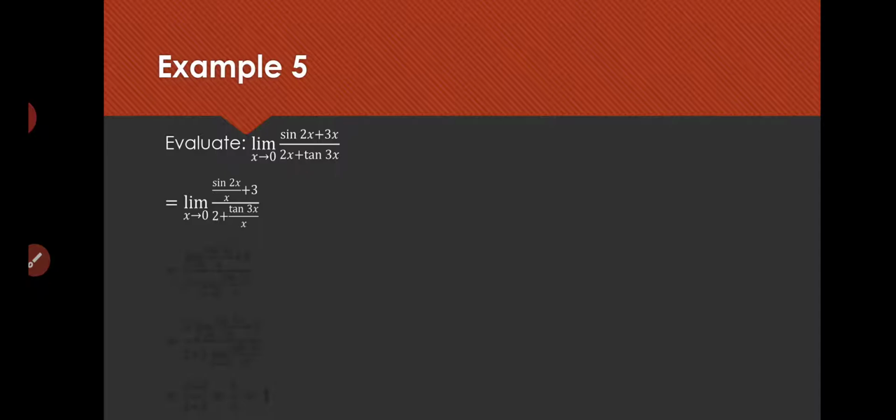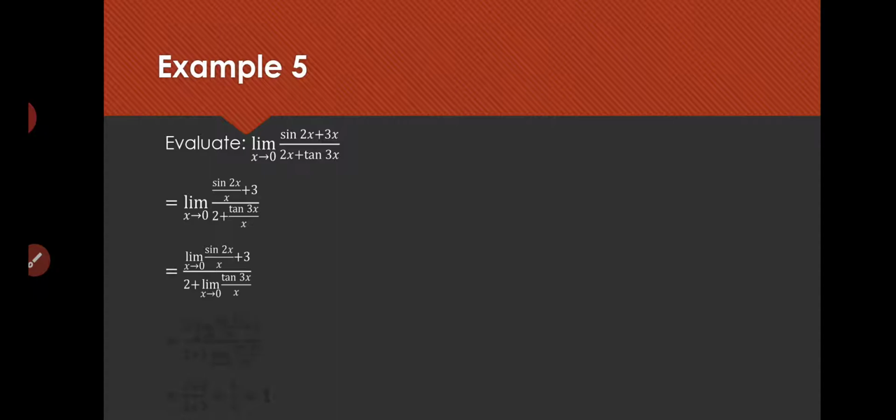Now division, I know that in case of division I can interchange the limit, as well as for addition also I can interchange the limit. So let me do so. What I have done is I have taken the limit inside the division.